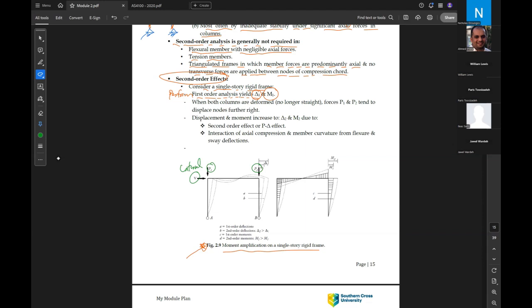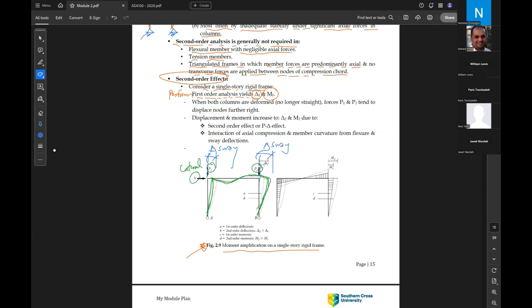This frame will be under sway and also deformation. So let's look at this one, for example. Let's say this is our deformation. Between the initial position and the last position, this is called delta or the sway.